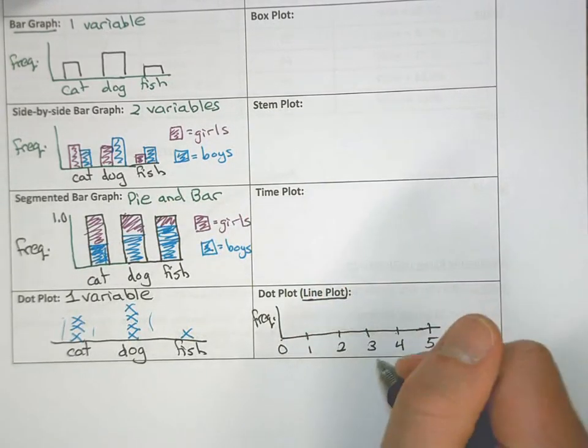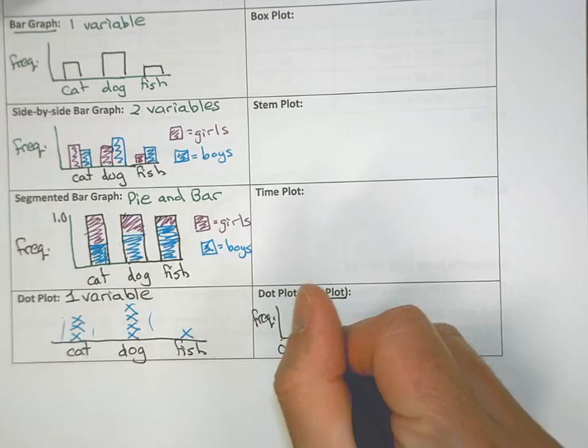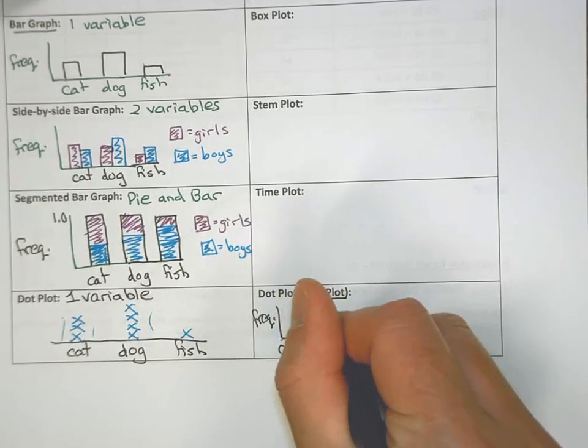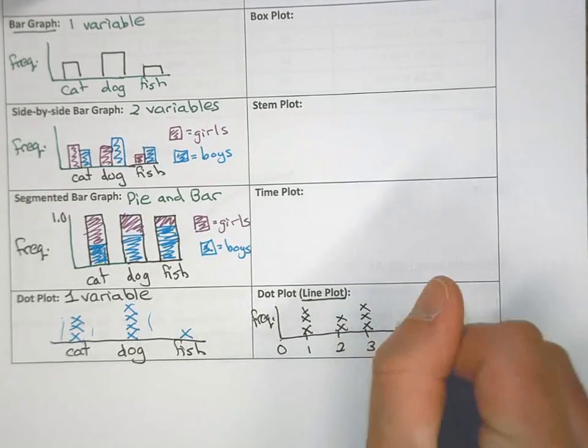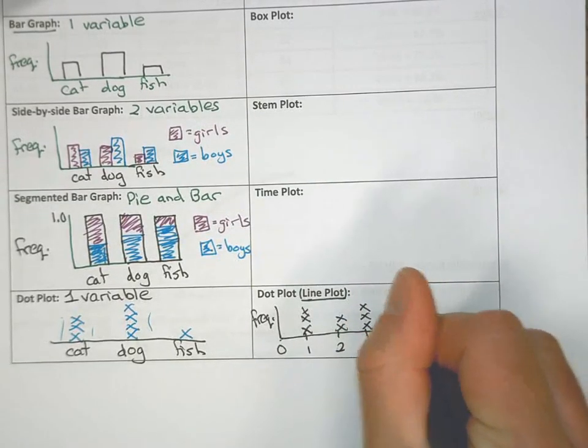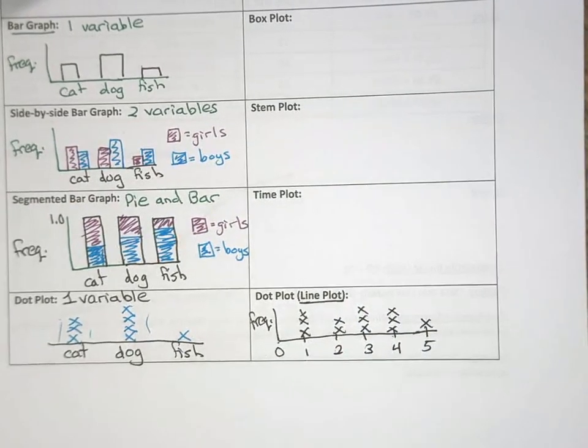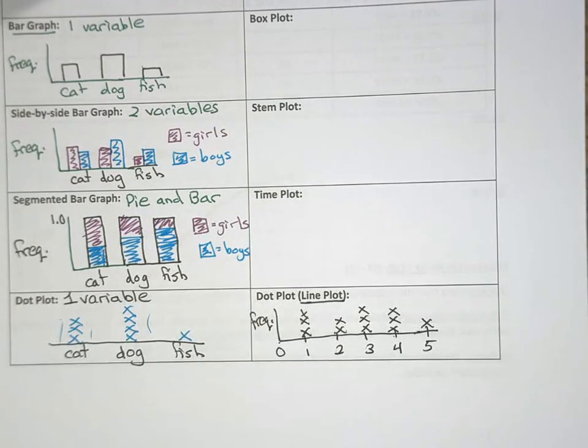Usually they'll work with discrete when they do a dot plot like this, and it'll just put little bars going up, or x's, dots, whatever you want to call them. But again, we're dealing with quantitative variables here, so these are measurements of some sort or scores down here.